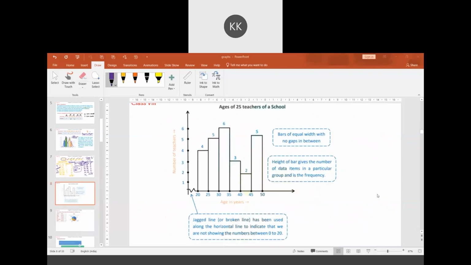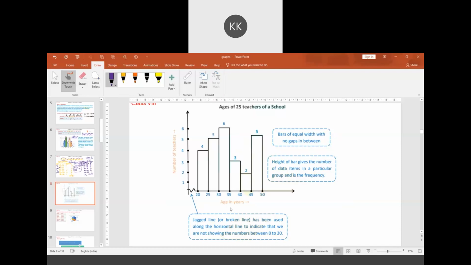Here, what information do you obtain looking at this graph? You can see the x-axis and y-axis. They have been labeled here.